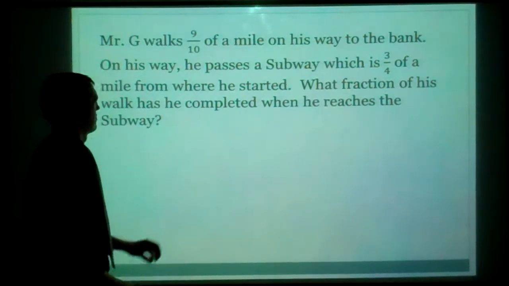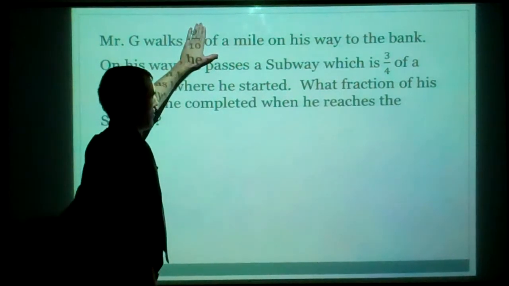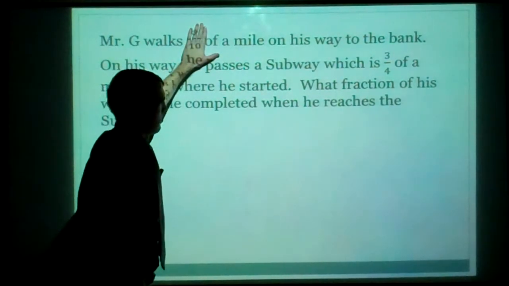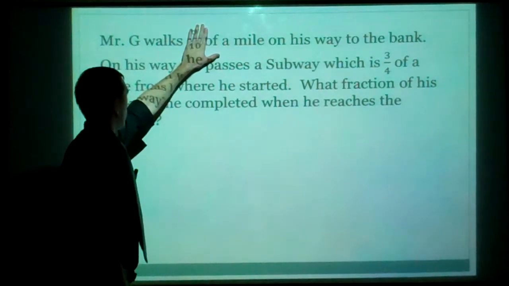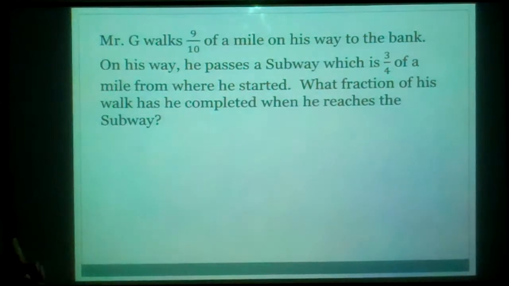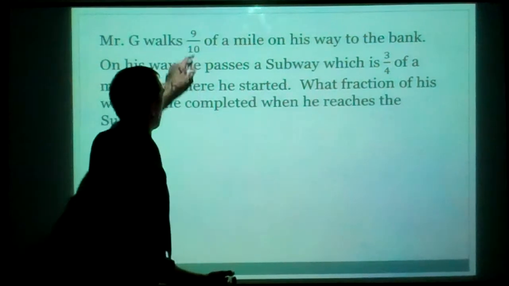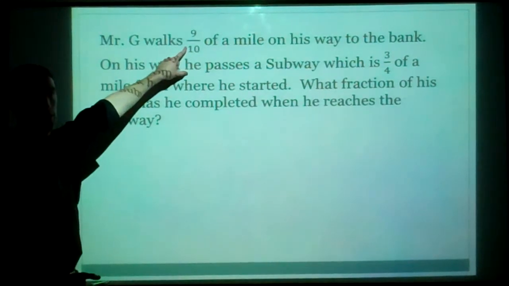So let's think about this. Let's say Mr. G walks 1 mile on my way to the bank. And 3/4 of a mile from where I started would just be 3/4, right? So it's almost 3/4 of a mile, but not quite, because this is not 1 mile yet.